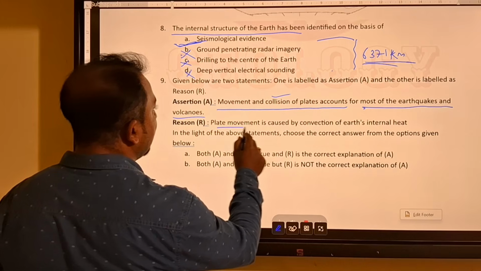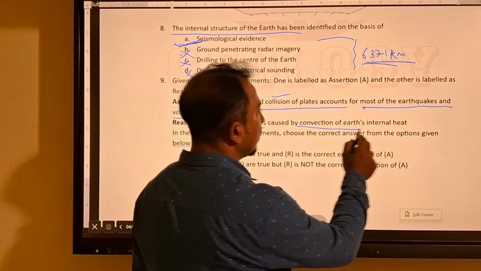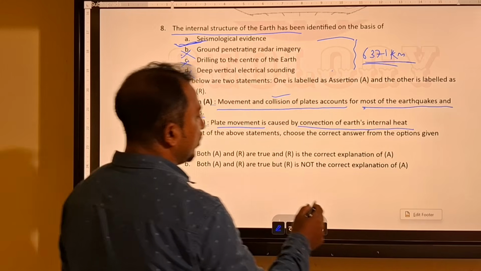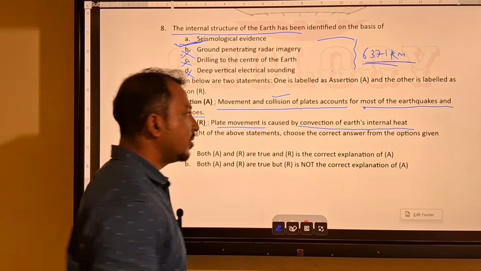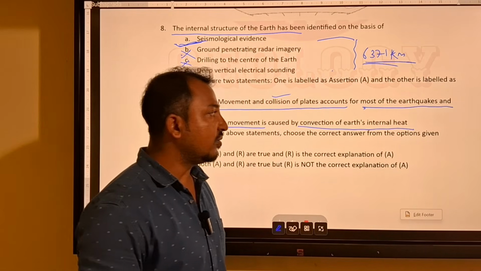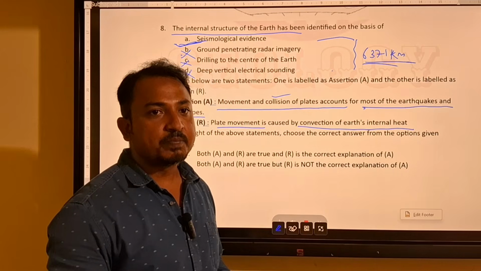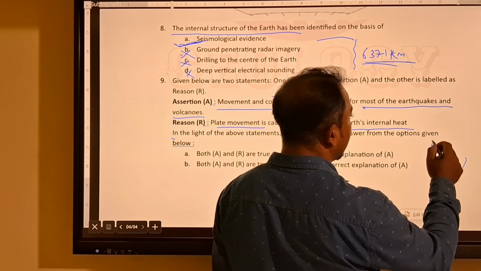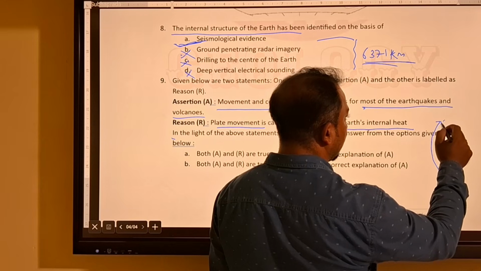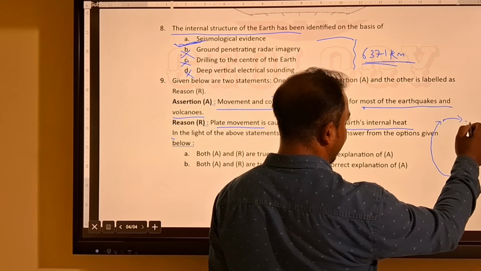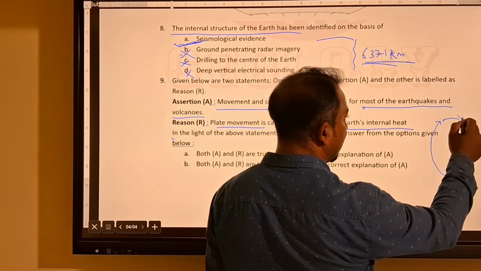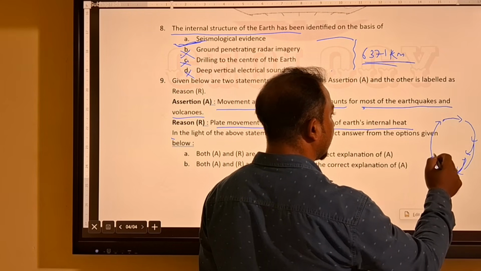Then plate movement is caused by convection of Earth's internal heat. So how does plate motion occur? It is because of magmatic convection in the mantle region, where the hotter magma gradually rises upward. While it is rising, it loses heat, the temperature decreases, it becomes denser, and then it gradually moves downward.